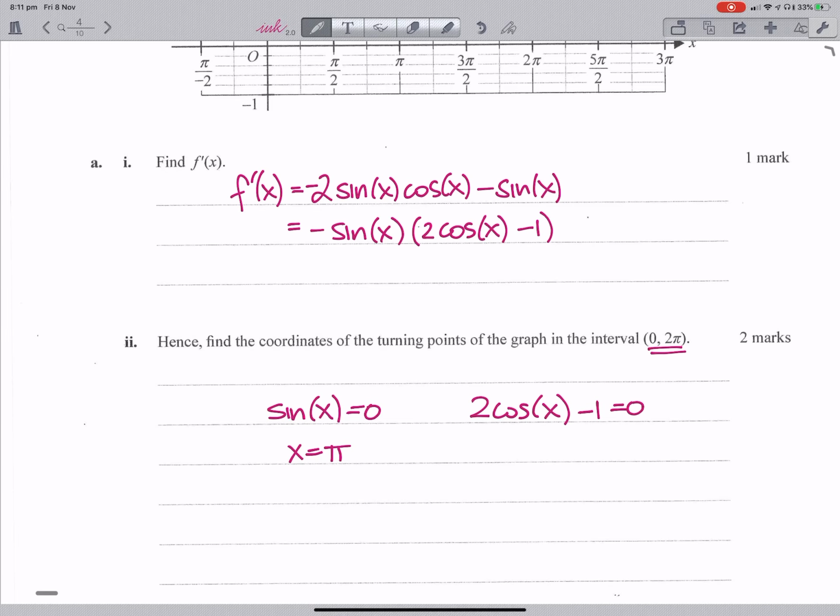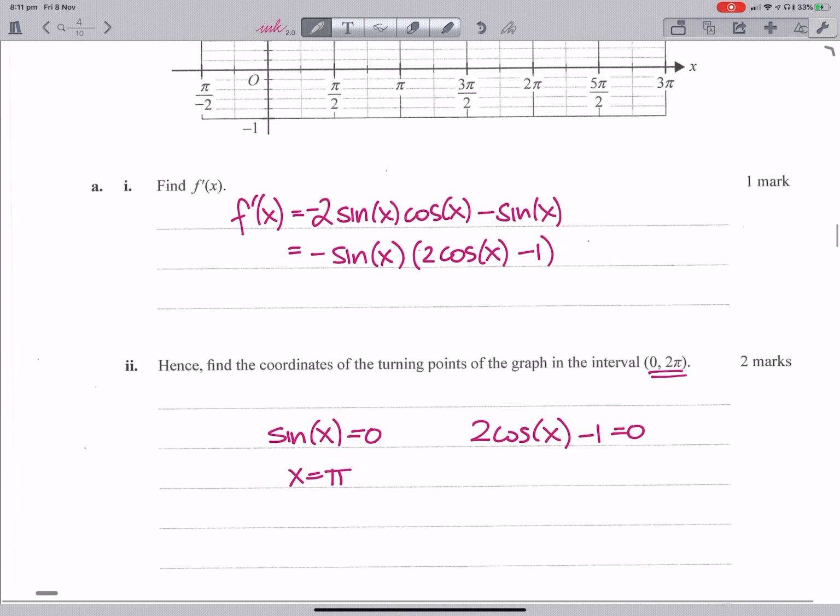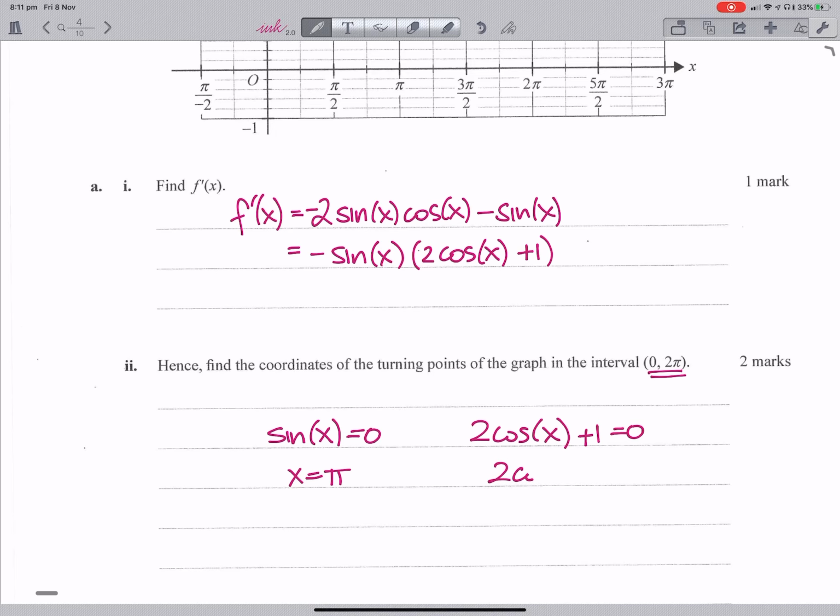Okay, 2 cos x is negative a half, so cos x is negative a half. It's 2 pi on 3, and it's in the second and third quadrant. So x is 2 pi on 3 and 4 pi on 3.